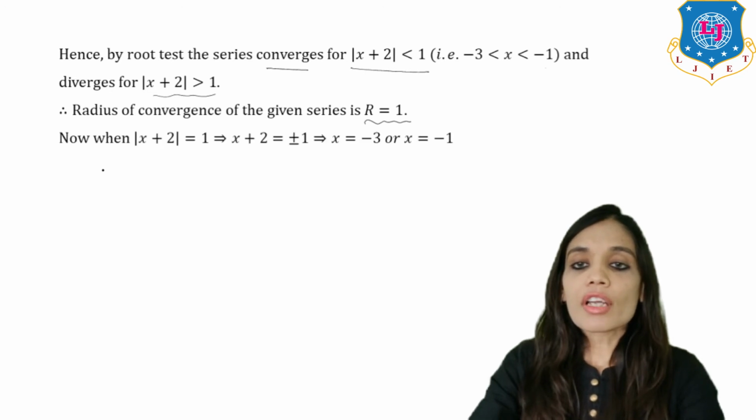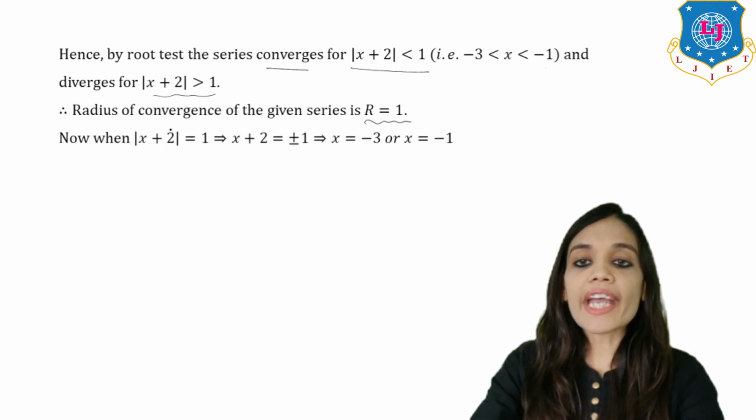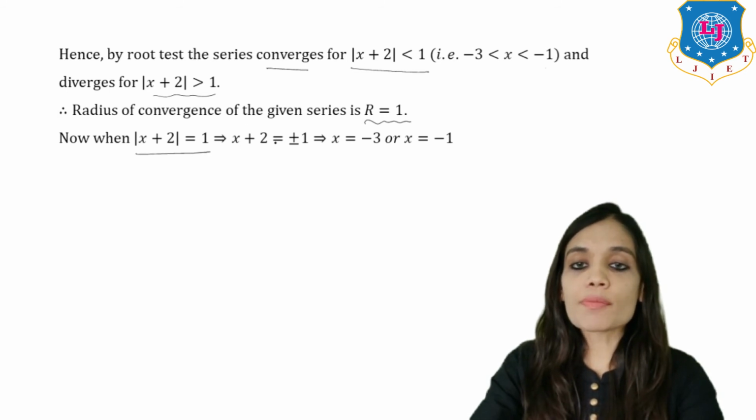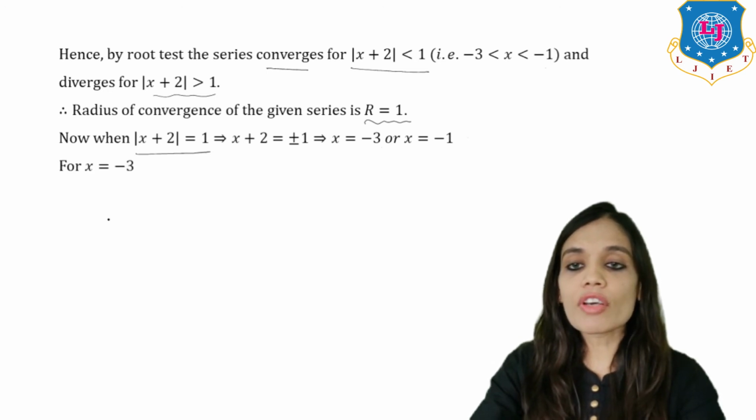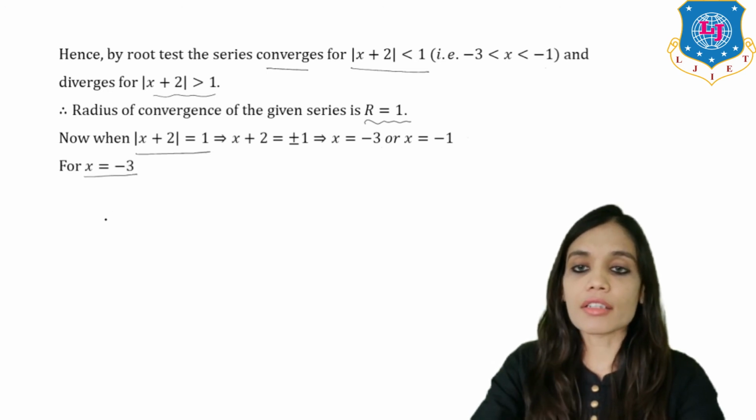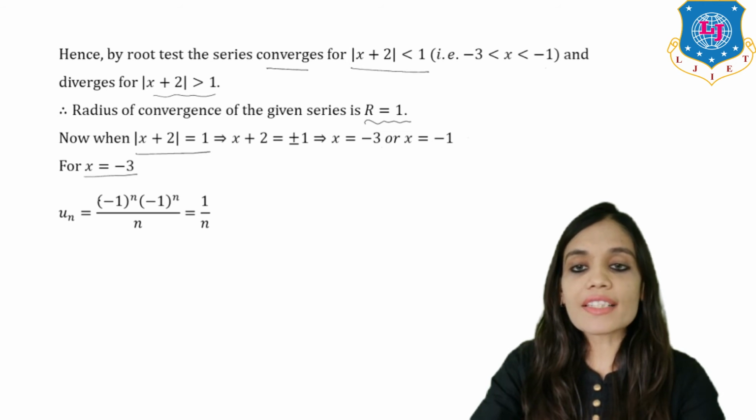Okay. Now let us check whenever mod x plus 2 is equal to 1. So mod x plus 2 is equal to plus or minus 1. So it can be simplified as x is equal to minus 3 or x is equal to minus 1. Firstly, let us put the value of x as minus 3. So on putting x as minus 3, your un will become minus 1 raised to n into minus 1 raised to n upon n, right?